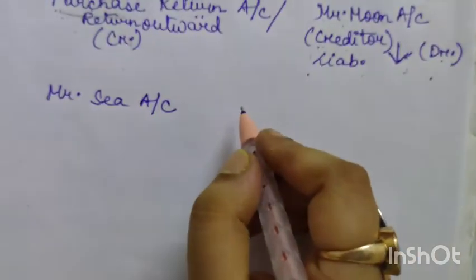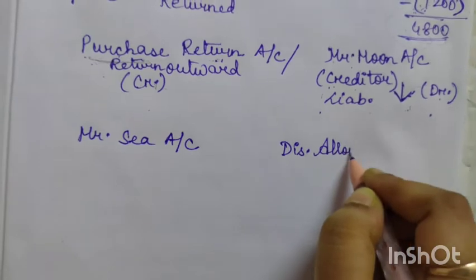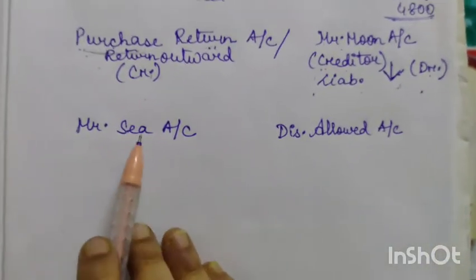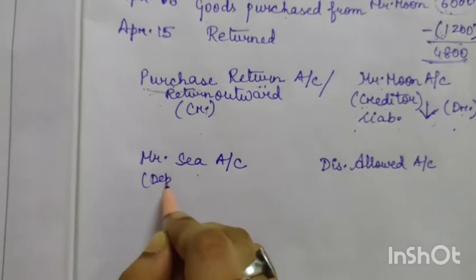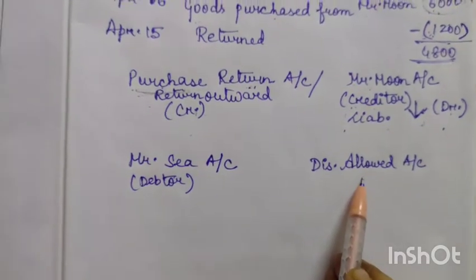So we will write here another account will be discount allowed account. Okay, so two accounts that needed to be opened is Mr. C's account because he was our debtor, and another is discount allowed account.